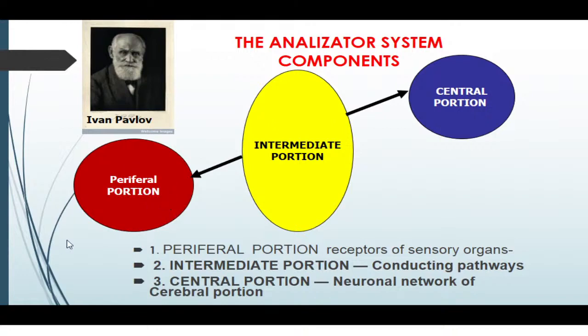It's the peripheral portion, receptors of sensory organs. Second, the intermediate portion is the conducting pathways. Ordinarily, these are nerves, like auditory nerve, or maybe visual nerve, yes, optic nerve, another name.